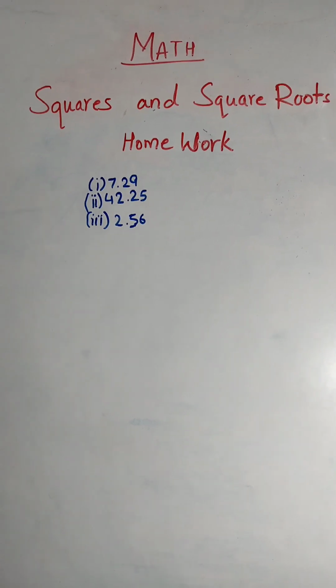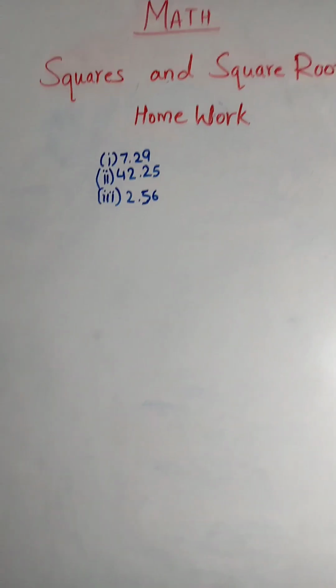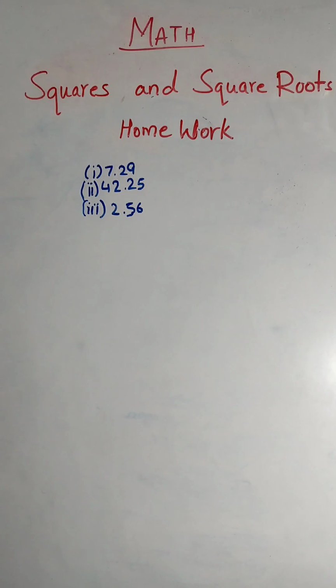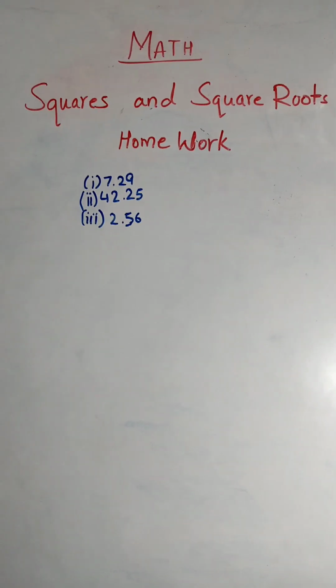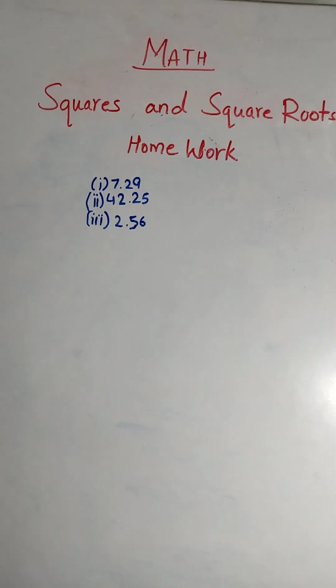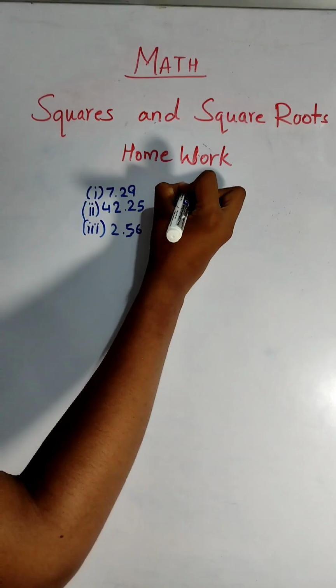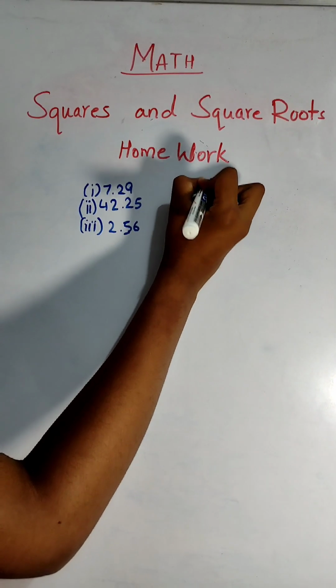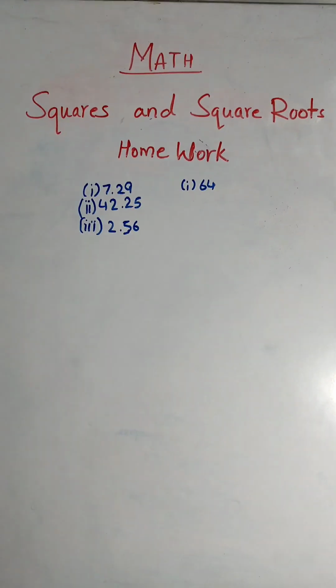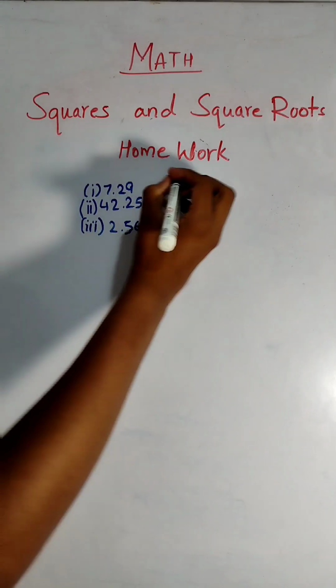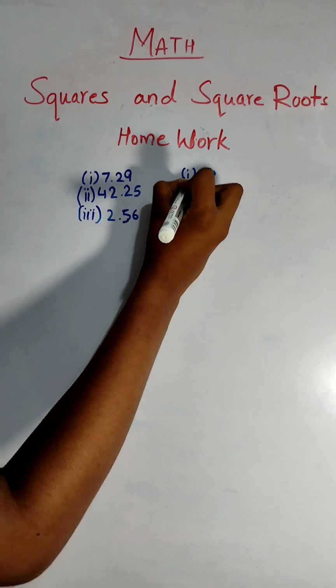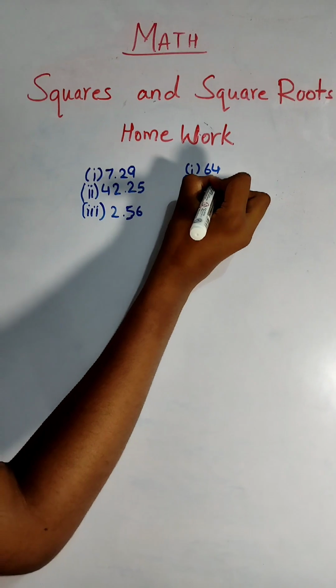Then the next one I will be asking you to solve will be the number of digits in this number's square root. So the first one I'll be giving you will be 64. For this one you can find the square root also and answer it, no problem. For the second one, take 144.